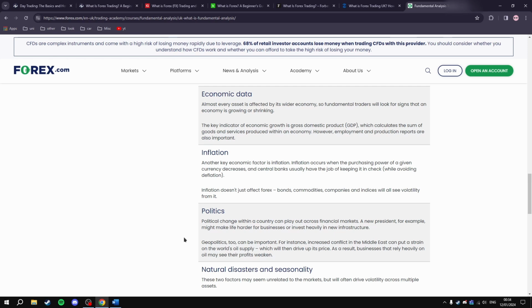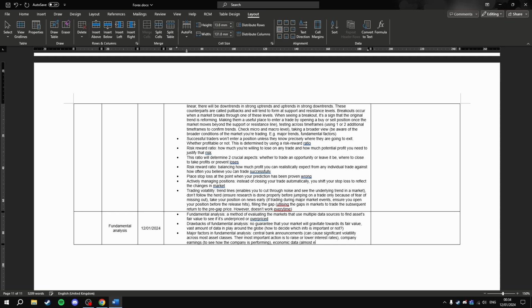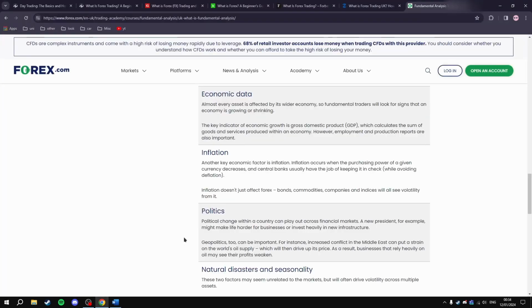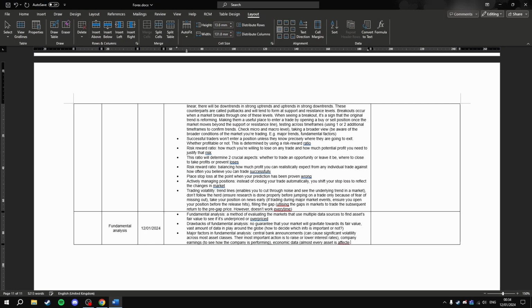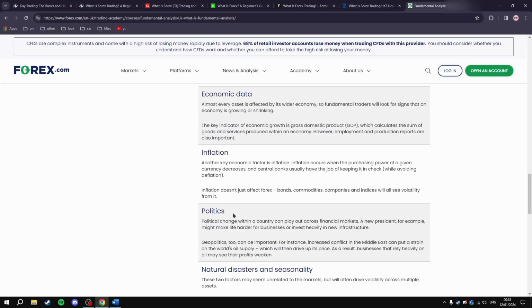However, unemployment and production reports are also important.